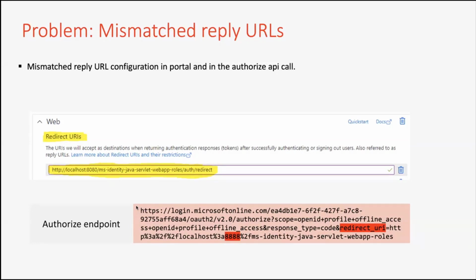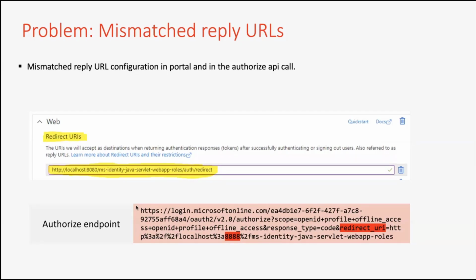So there is a mismatch. We are saying send the response to a URL different than the whitelisted list of URLs that I have informed Azure AD about. So that is the challenge we're running into. Azure AD will obviously say, nope, sorry, not going to do this because I don't know who runs on localhost 8888. So this is a problem.